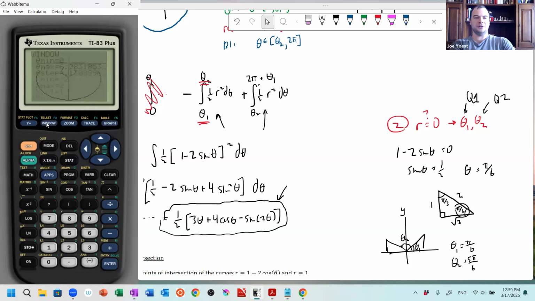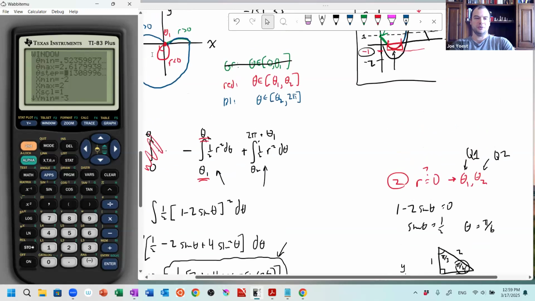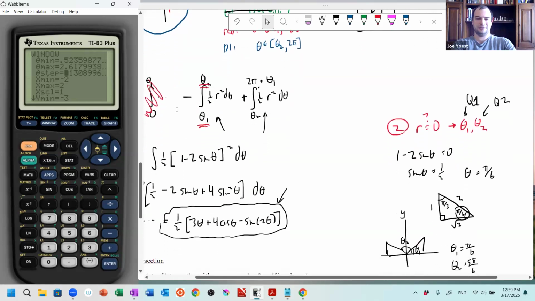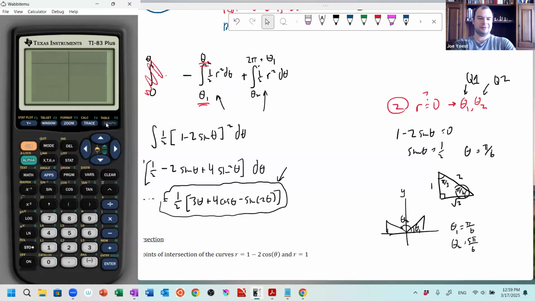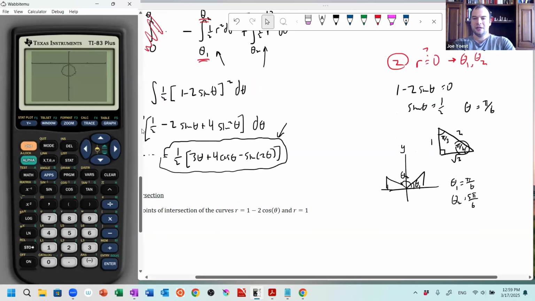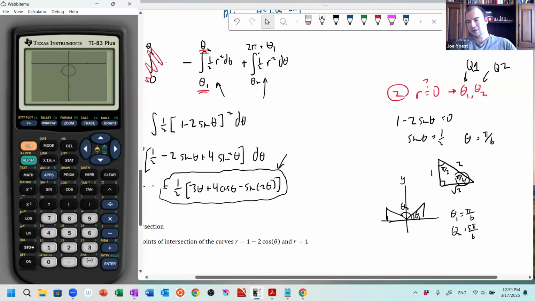Now, fingers and toes crossed, if we take theta from pi over 6 for theta min up to theta max of 5 pi over 6, we should only see the smaller inner loop, the red loop, traced out. And that's exactly what we see. So again, using our calculator to check our work, this looks good.